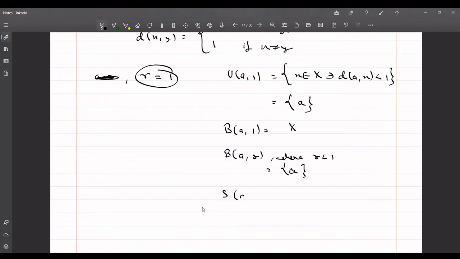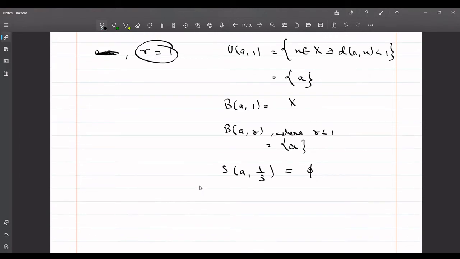Suppose you take a sphere with center a and radius 1/3, let's say. Will there be any such element whose distance from a is 1/3? No, because every element has its distance from a either 1 or 0. So it will be an empty set. Clear? Suppose you take the sphere S(a, 1).